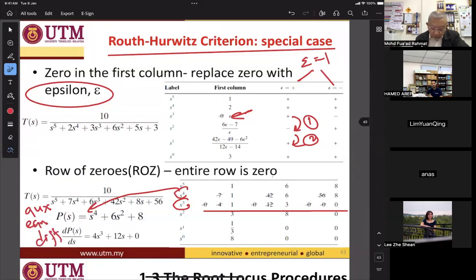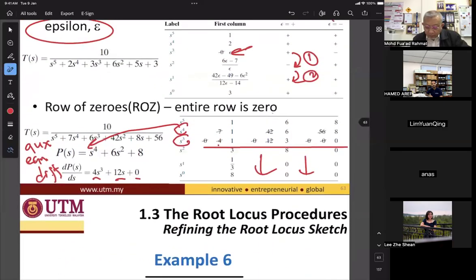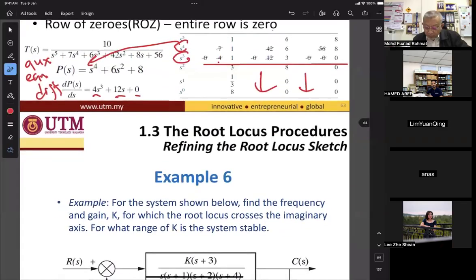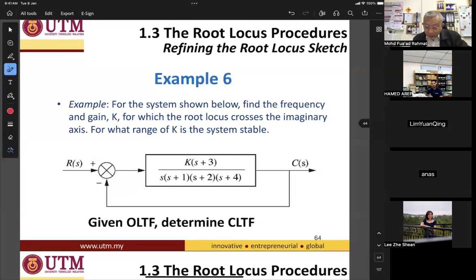The new differentiated coefficients will replace the 0, which are 4, 12, and 0. Then we continue to fill up until the end. Just remember that you can refer to your previous books or notes on that particular theory. And then, in order to do that, we look at this example.